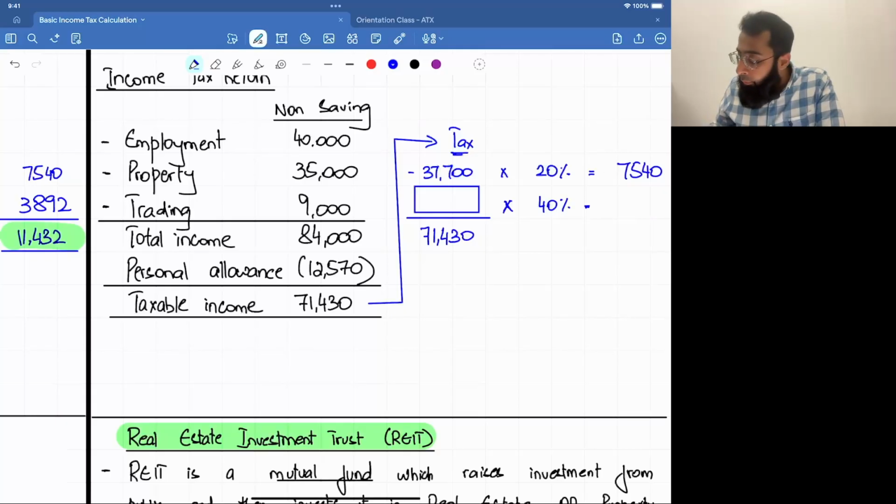So 71,430 minus 37,700 is 33,730. The rate of tax is 40%. That gives us 13,492. You add them up to arrive at the value of tax.